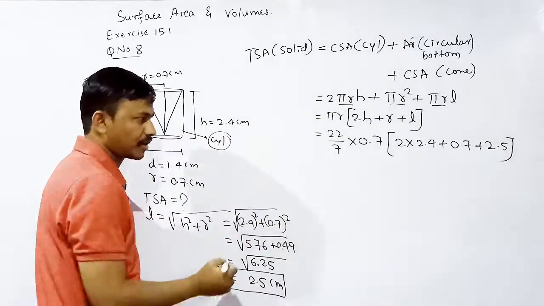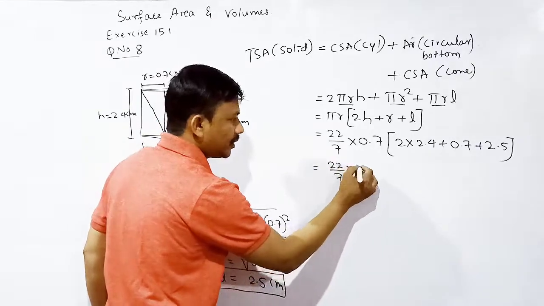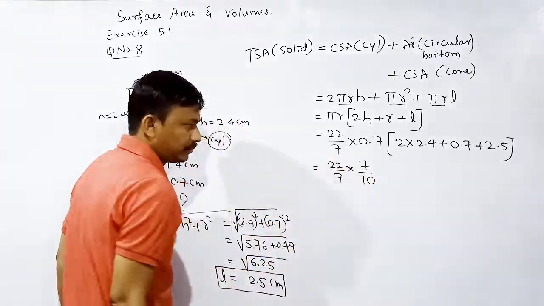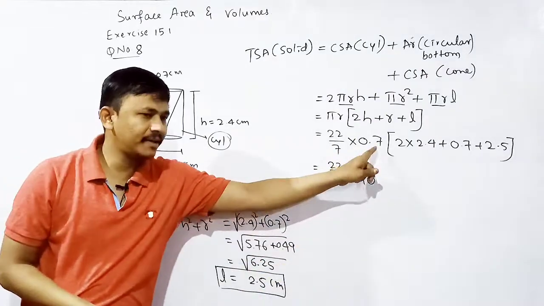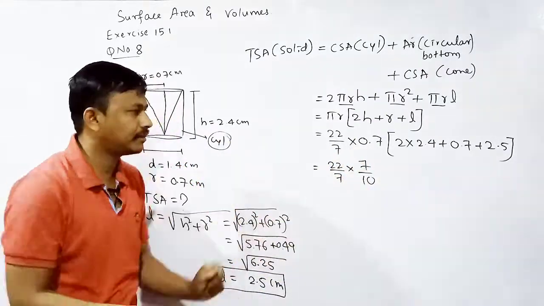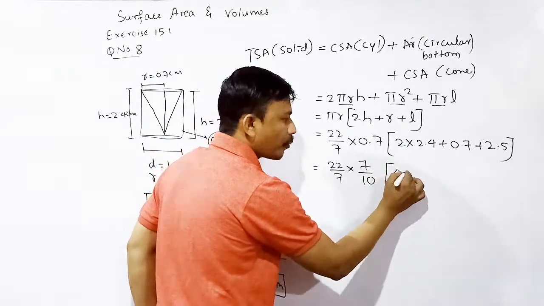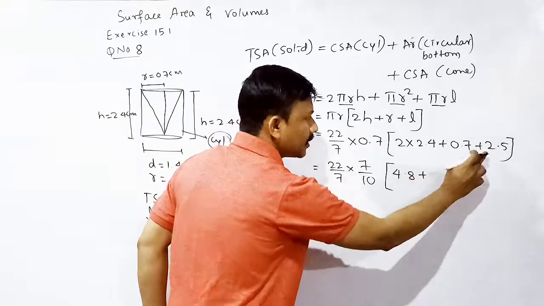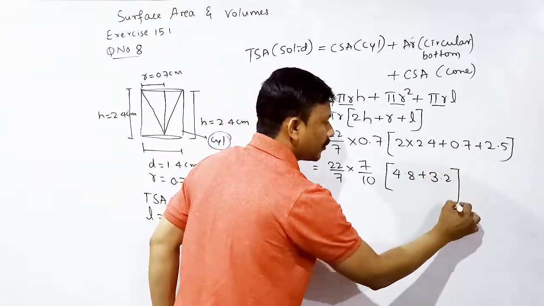Correct? Okay. This is equal to 22 divided by 7 into 7 divided by 10. 0.7 is nothing but what? 7 by 10. 0.7 can be written as 7 by 10. In bracket 2.4 2s are 4.8 plus 2.5 plus 0.7 is 3.2.